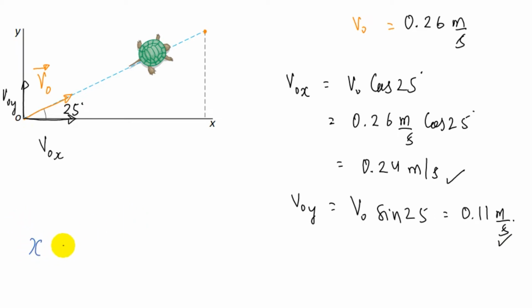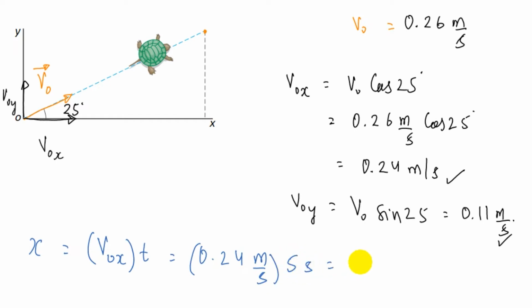This is pretty simple. x is speed multiplied with time. Now speed we have to take to be v naught x, and time t. v naught x we have 0.24 meter per second, and time t we have to take to be 5 seconds. So that comes out to be 1.2 meter.